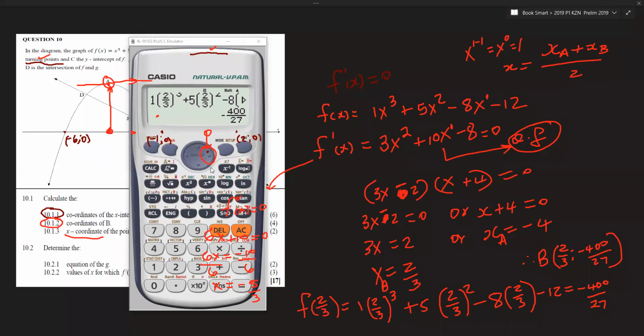Let's see. So AC fraction, my first x value on the turning point, my XA, was negative 4. So I have negative 4 plus my second x value, which was 2/3, so 2/3, all over 2. Right. What does it give us? Let's see. It gives us the same x value.